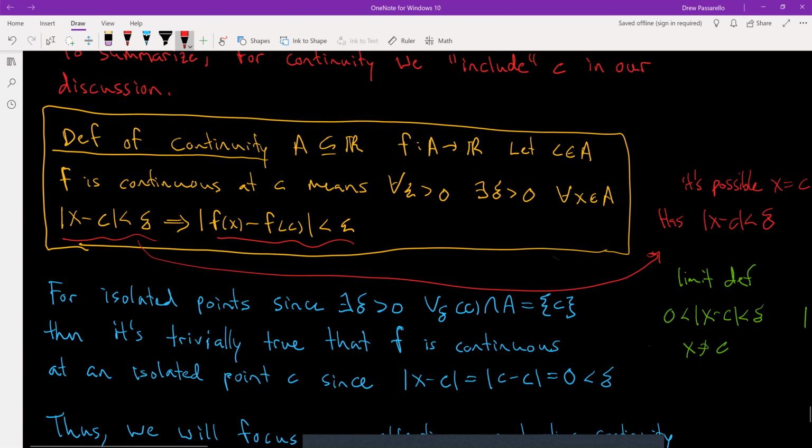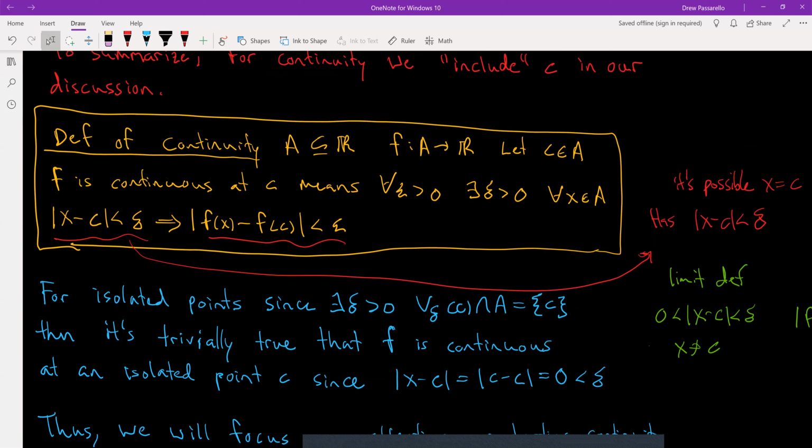So it's very similar to the limit definition. It's just now we do include our value c into consideration for continuity. And our L in this case, the capital L, is going to be f of c.